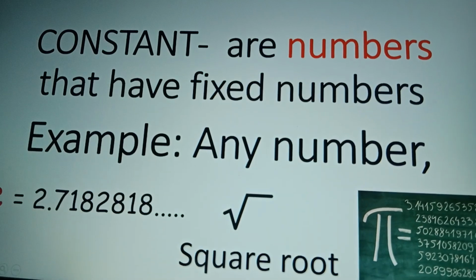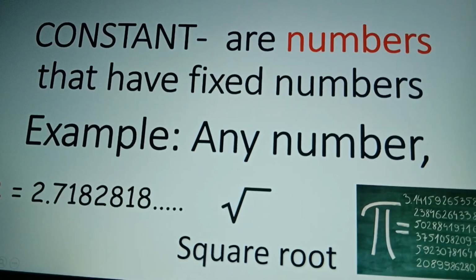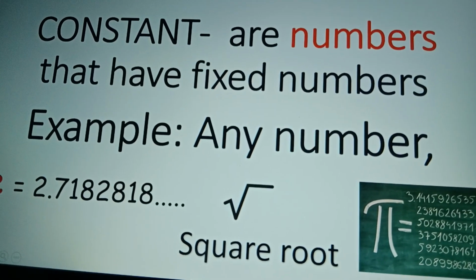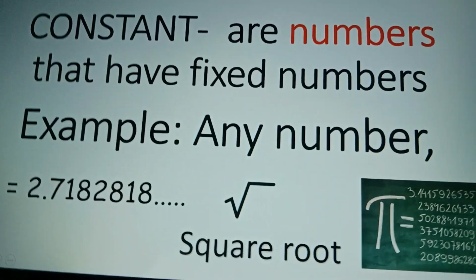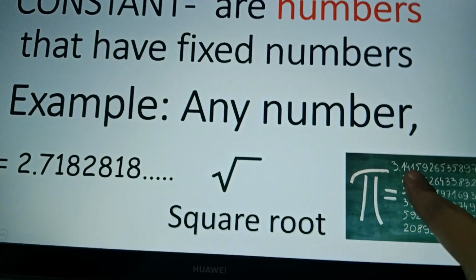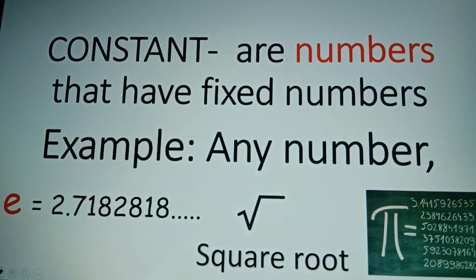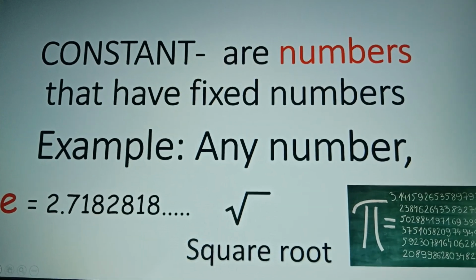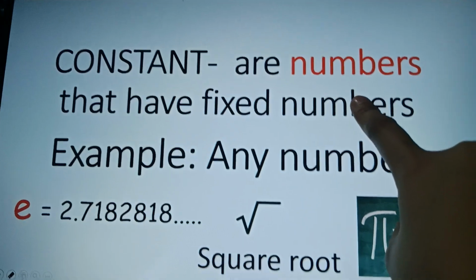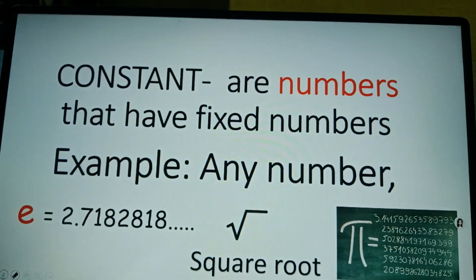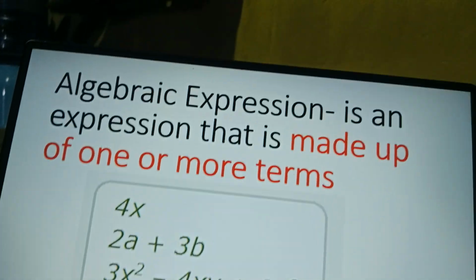It's not a whole number. There are a lot of continuous digits in its decimal point. But let's just focus on 3.14. That is the standard. So again, these are the constants, and constants are numbers. Okay, let's proceed to the next one.